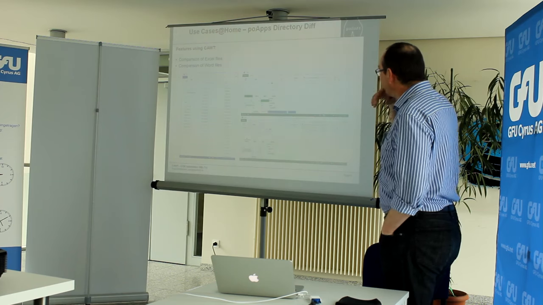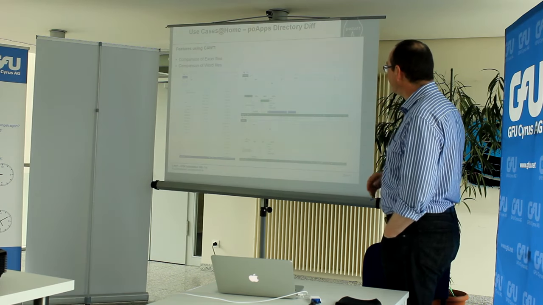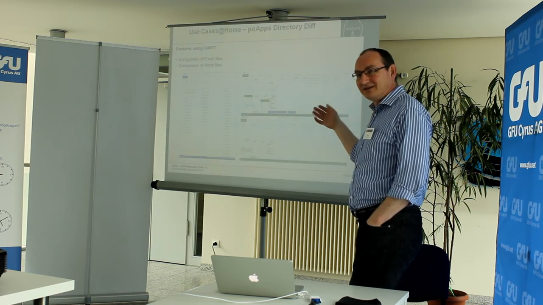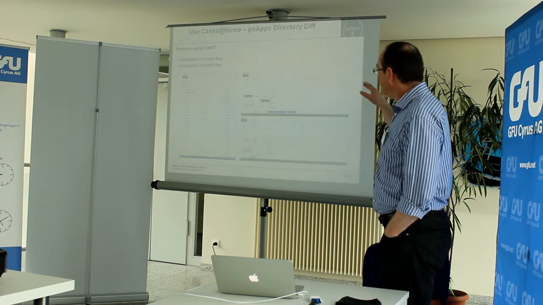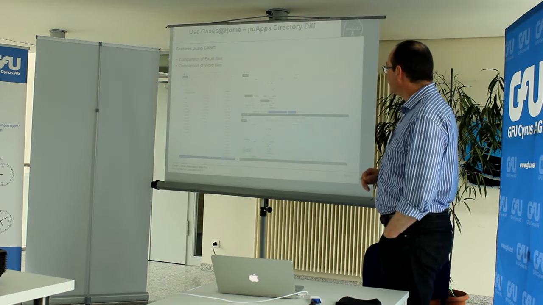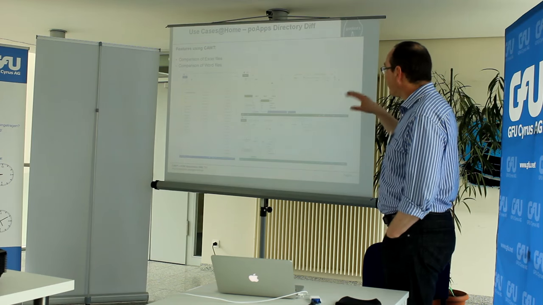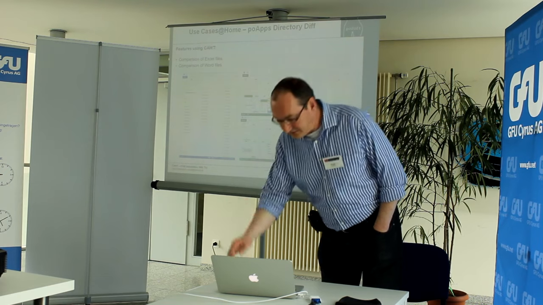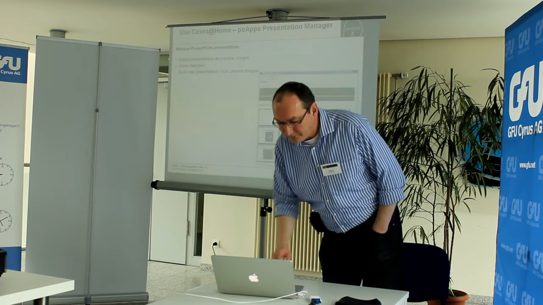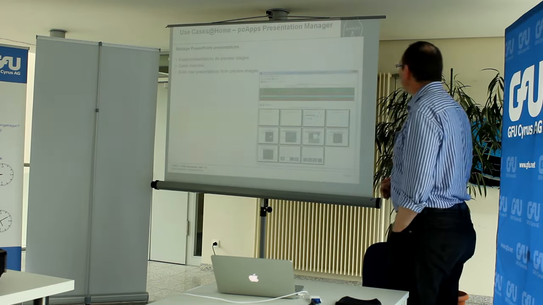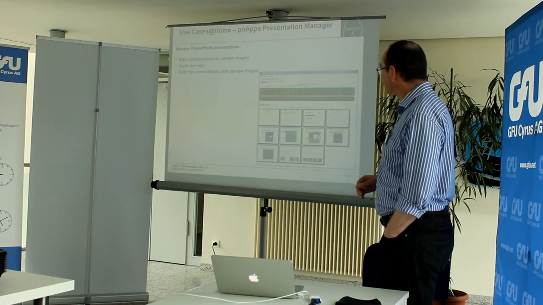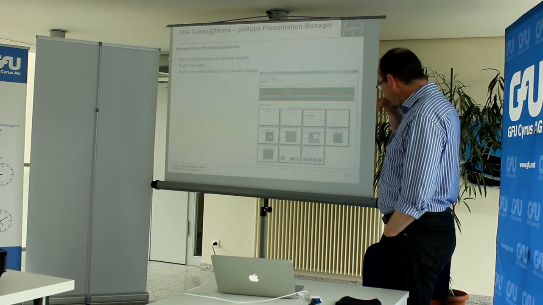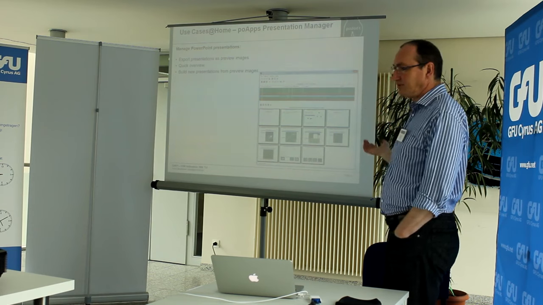Other stuff in my utility, I have a directory comparison tool, and using the CAWT modules, I can also compare Excel and Word files on Windows, of course. Then I have written a small application which uses CAWT for managing PowerPoint presentations.